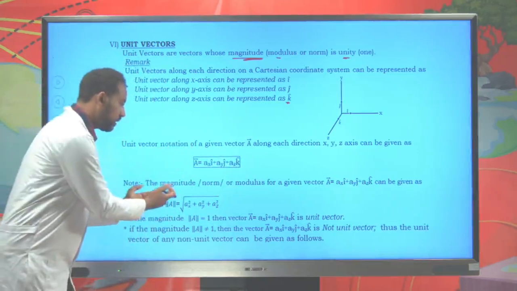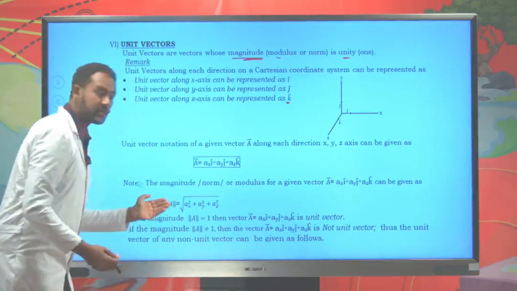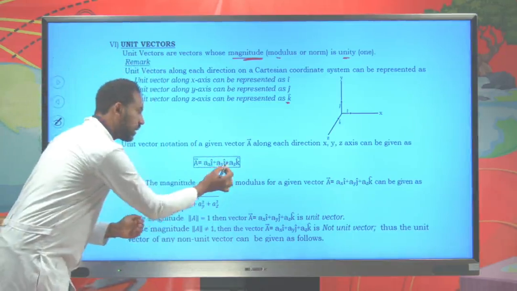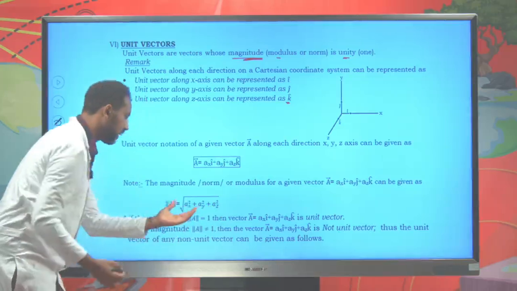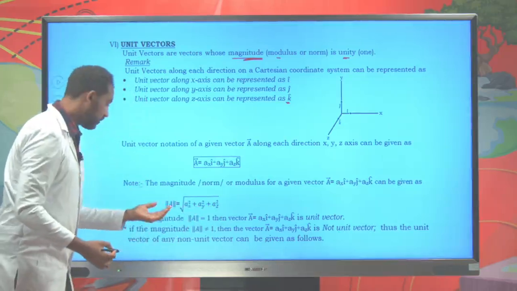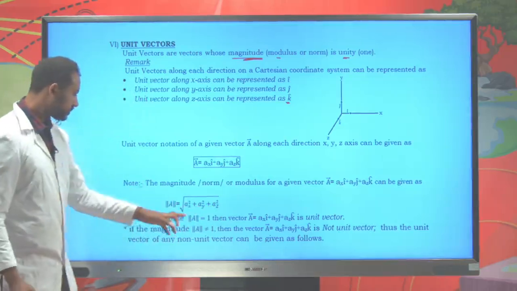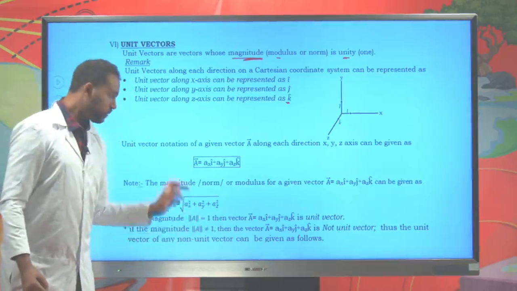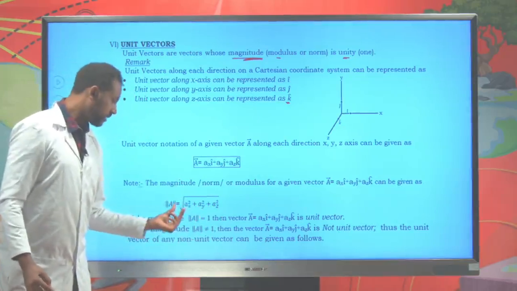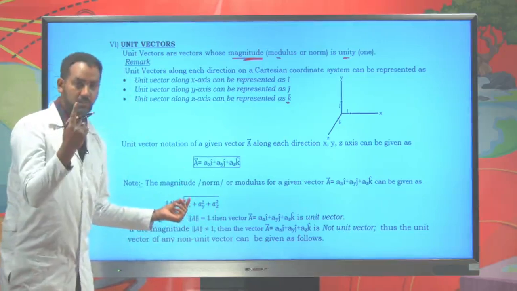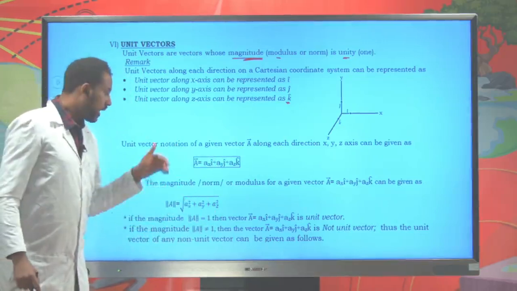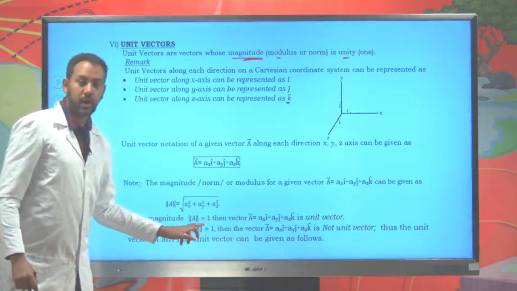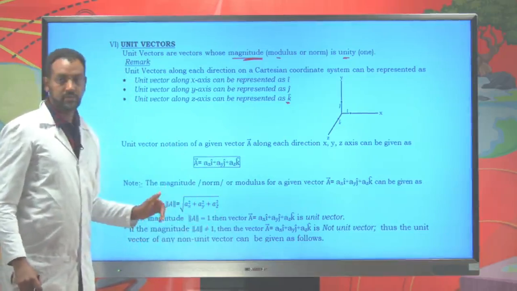The magnitude, norm, or modulus of this vector is determined by squaring every component: Ax squared plus Ay squared plus Az squared, then taking the root. If you find the magnitude to be 1, then this vector is said to be a unit vector. If it is different from 1, it's not a unit vector.